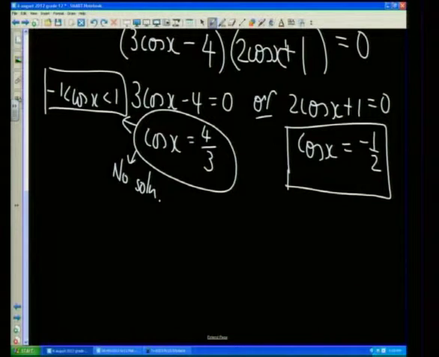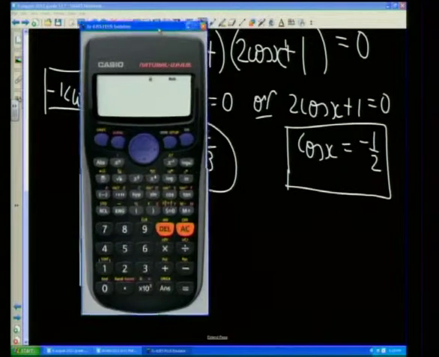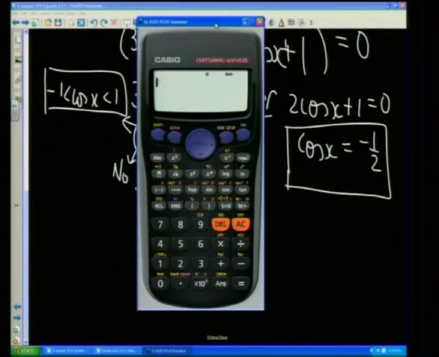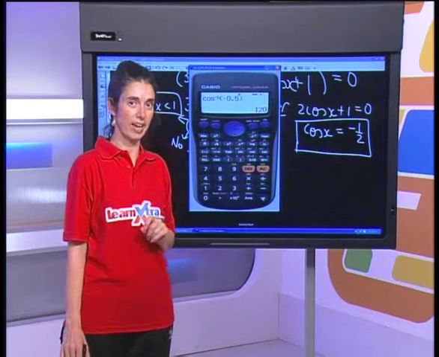And how do we solve for x at this stage is we would use our calculator. So we would have the -1/2 in the calculator, and we would ask for which angle gives me -0.5. And the calculator will give you one angle. It will give you an obtuse angle.